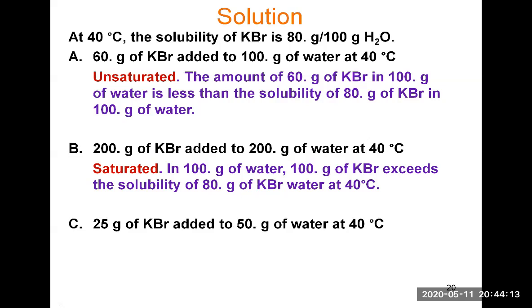Now, in the case C, we have 25 grams of KBr that is added to 50 grams of water, still at the same temperature. So 50 grams of water is half of the amount that the solubility uses. So let's multiply 50 by 2 so that we have 100 grams of water.